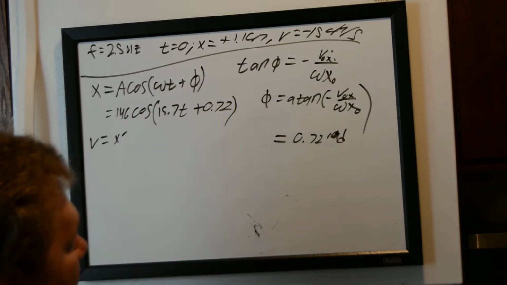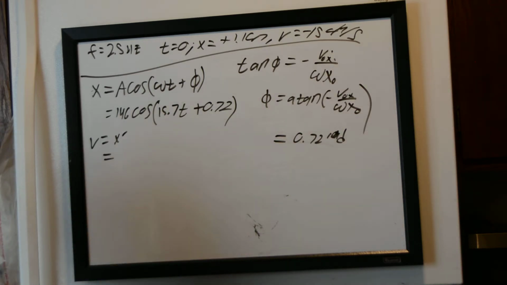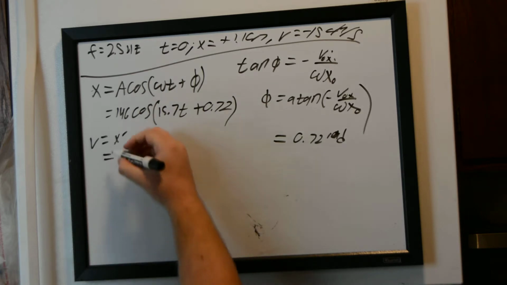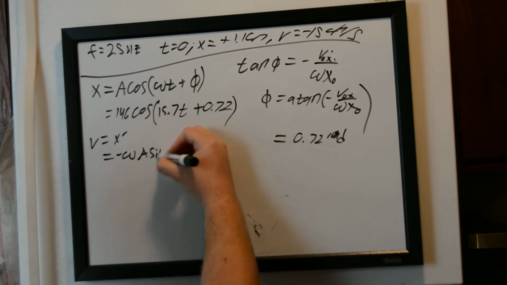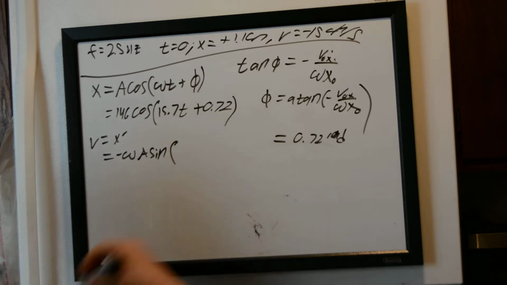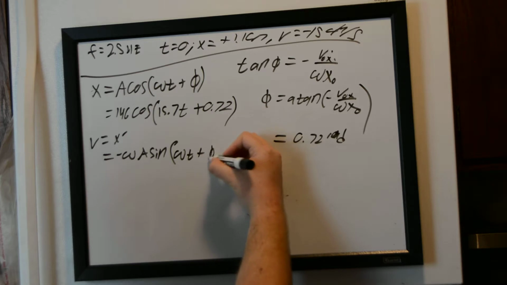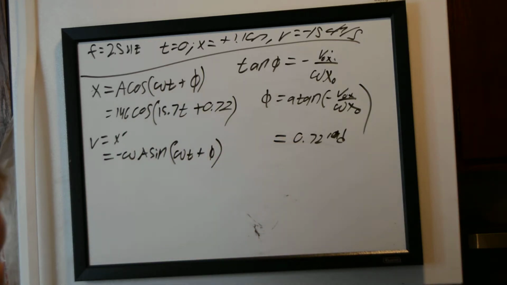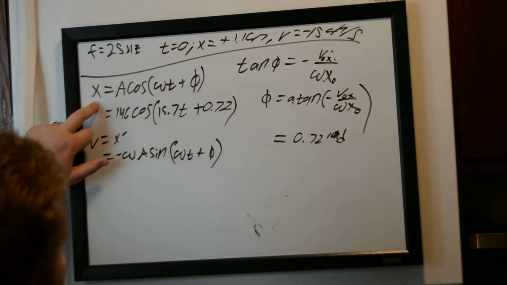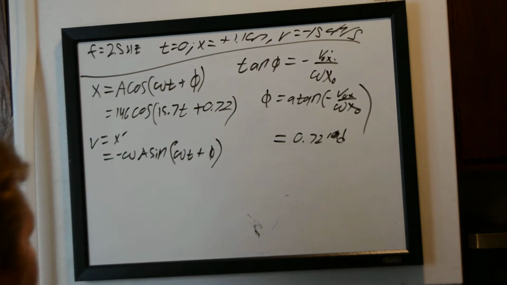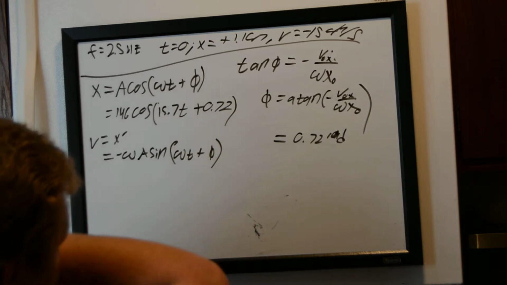So if you don't want to have to remember that your velocity is equal to the negative angular velocity times your amplitude times the sine of your angular velocity times time plus phi, you can just simply remember the equation for position and take the derivative of it to find your velocity. And we can go through that here.